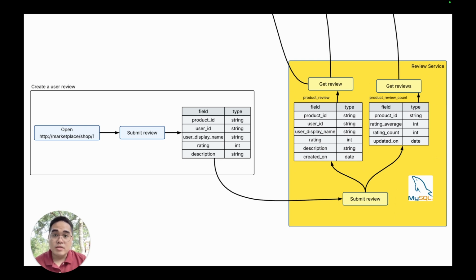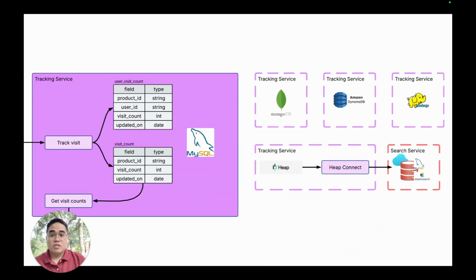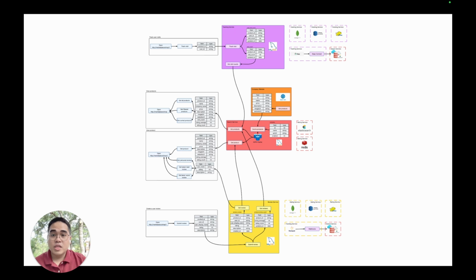Because our design is modular, these internal services act as placeholders that we can easily swap for enterprise platforms like Stamped or Heap once funding is available. This flexibility also extends to our data layer, where we can transition from MySQL to more complex technologies like Elasticsearch, DynamoDB, or Hadoop as our data processing needs grow.